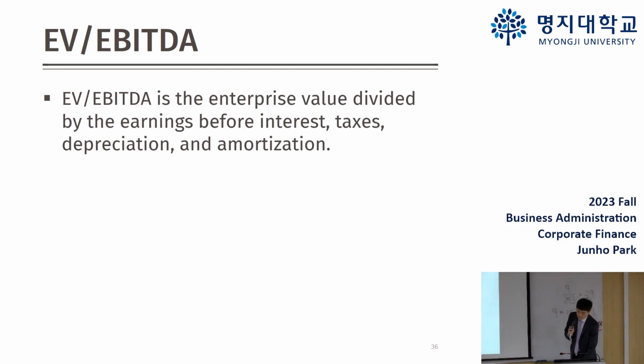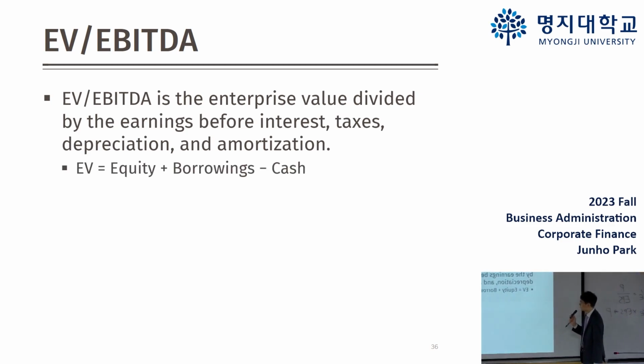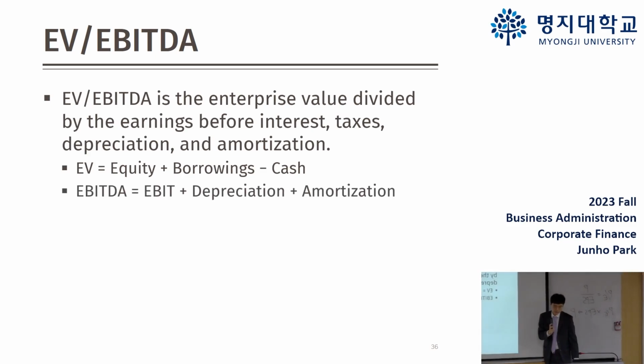So this is related to the EBIT, and then you add back the depreciation and amortization, if any, and you can get the EBITDA. And here the enterprise value is calculated as the sum of equity and the net debt, and the net debt is calculated as borrowings minus cash. Again, the EBITDA is EBIT plus depreciation plus amortization.